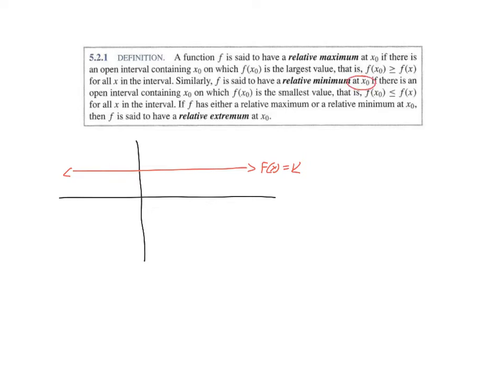And I think it's also here, at x sub 0. X sub 0 is the location of the relative or absolute extremum. That's important for what I'm about to say next.